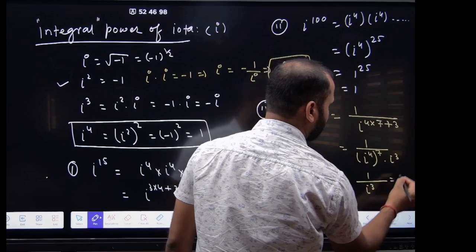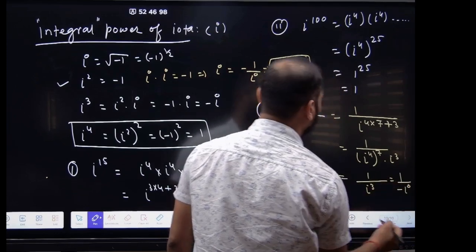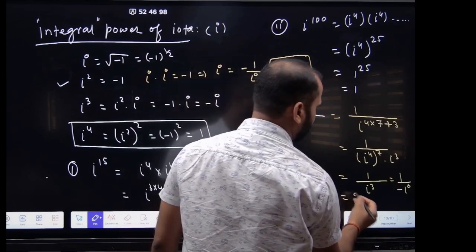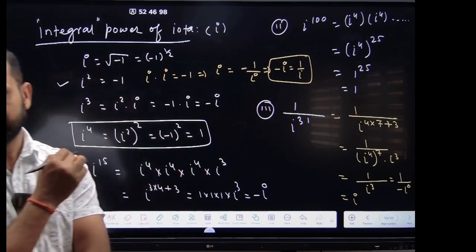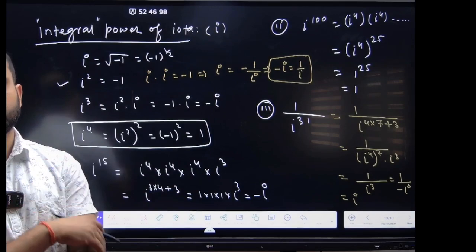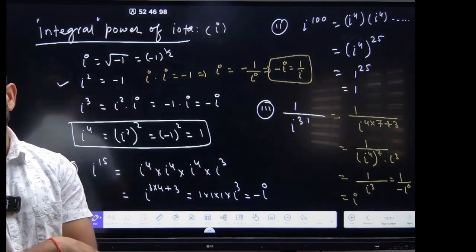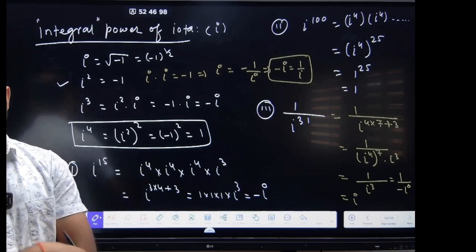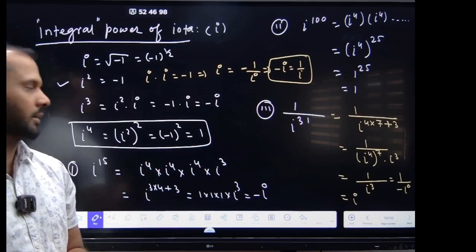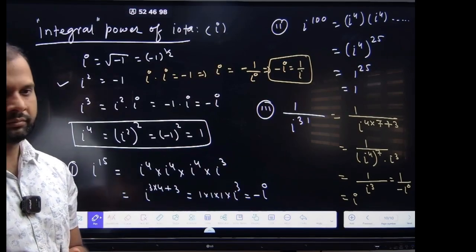How much is it? 1 by minus i. And what is 1 by minus i? Minus 1 by i is nothing but i. Is it clear? Yes or no? 1 by i is nothing but minus i, and minus and minus will become plus. Whether it is in the numerator or in the denominator, irrespective of that. Correct?